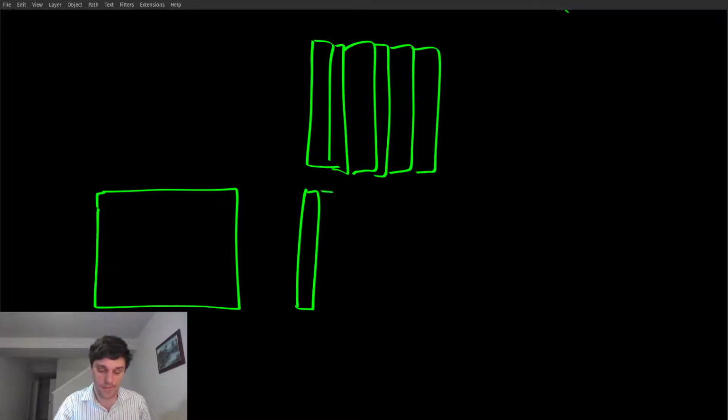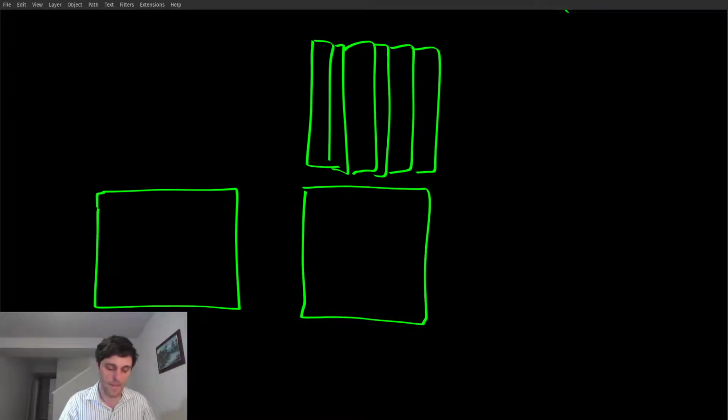And then similarly, the output is also a matrix now, like so, right?